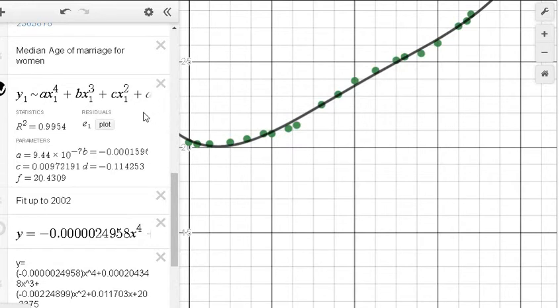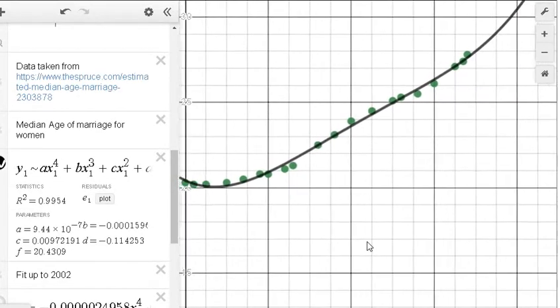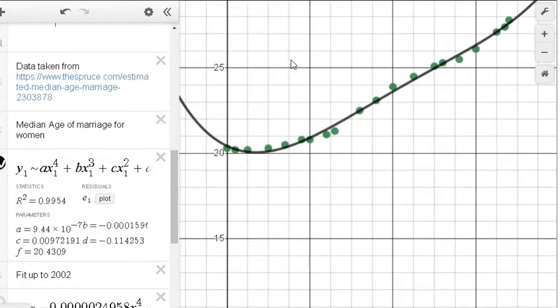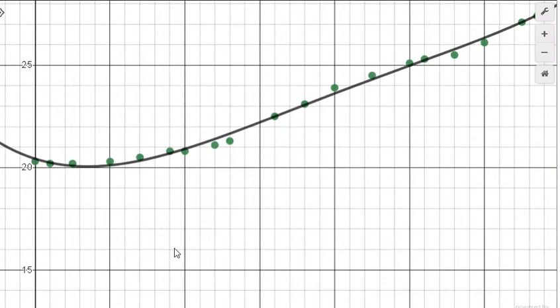I chose f for reasons dealing with Desmos, but you could do an e. And here's the model. Looks like a pretty good model, don't you think? Mathematics is actually really good at modeling things. It's not perfect, but you're summarizing an entire table of data with just a polynomial.